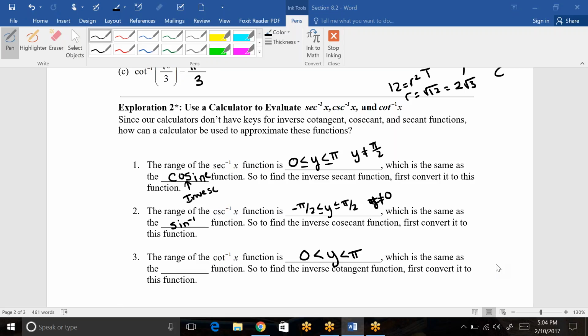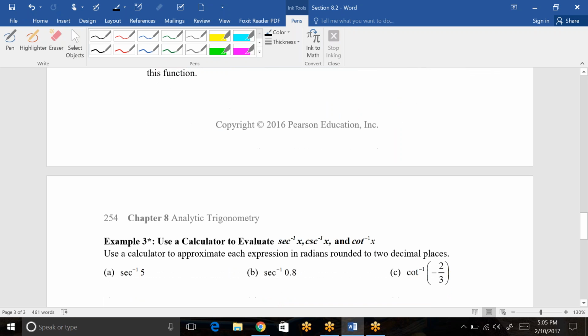So this means that we would also use the cosine inverse function to help us approximate. Write that out there. So two of these, actually, if you don't have a nice value, in other words, it's not something on the unit circle, would use cosine inverse as kind of a guide, find that approximation, and that will help us find the cotangent inverse of that piece. And then one of them uses the inverse of sine.